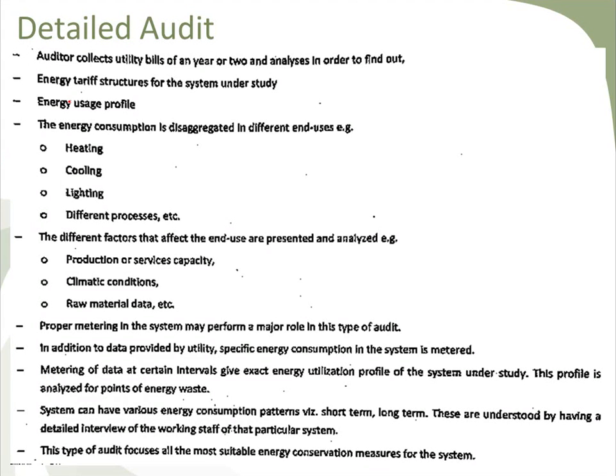First of all, the energy auditor collects the electricity bills of a particular utility for a year or 2 years and analyzes them in order to find out the energy tariff structure for the particular system, energy usage profile, and energy consumption at different end uses, that is, for heating how much energy consumption is done, for cooling, for lighting, and for different processes.